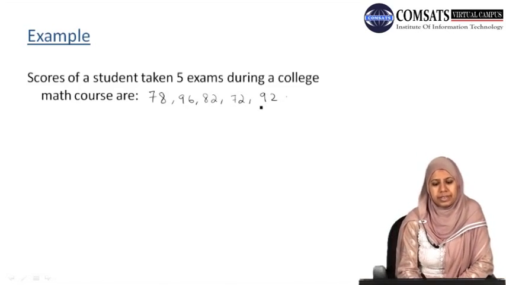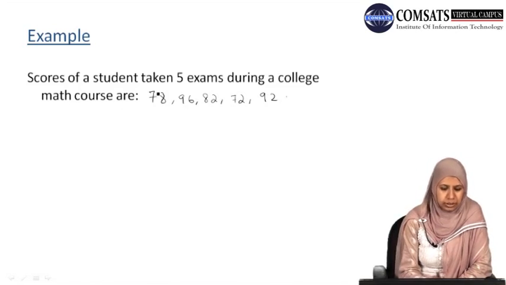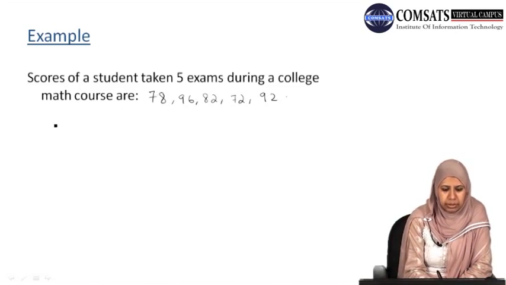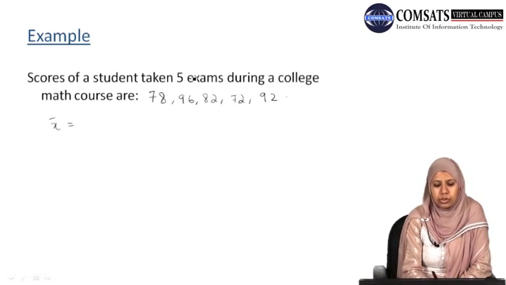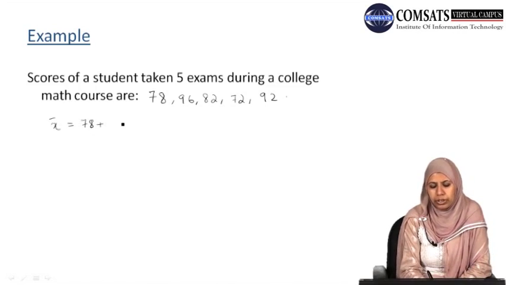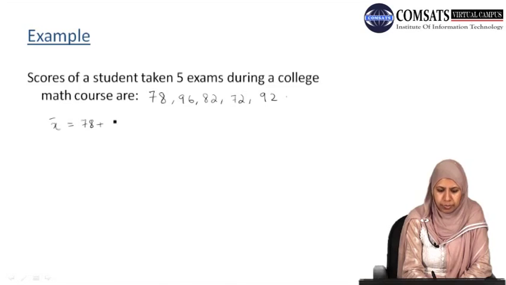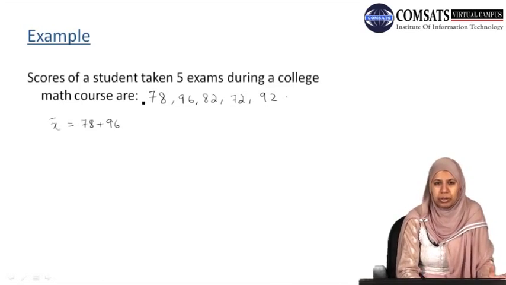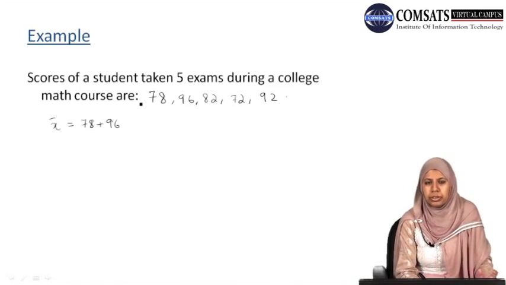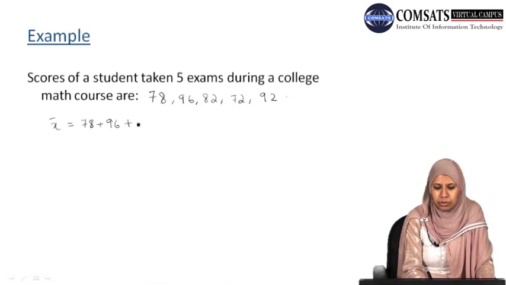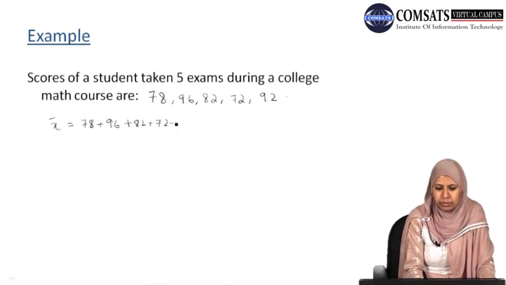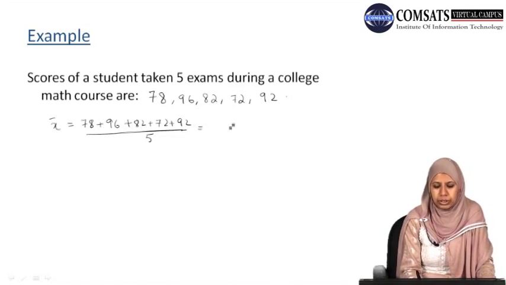We can calculate the mean simply by adding all the data points and dividing by the total number of points, because here we are only provided with the data points. We don't know about the relative frequency or the probability distribution. So we will use the simplest formula for the mean, adding all the data points divided by the total number, which is 5, and we obtain the mean as 84.